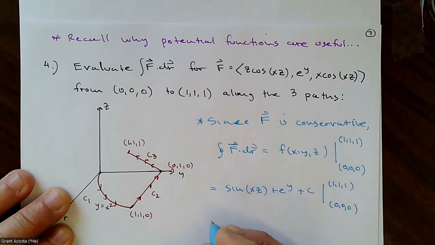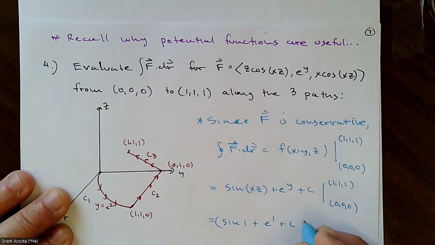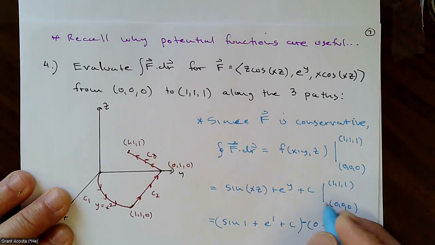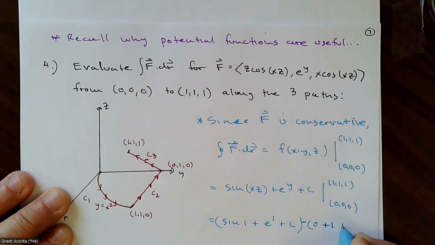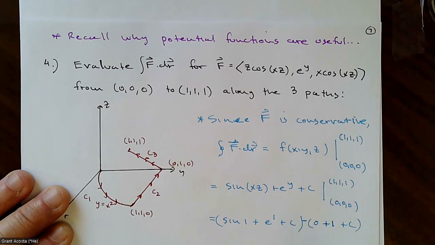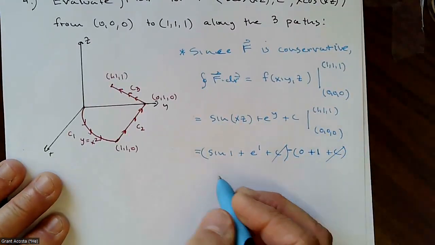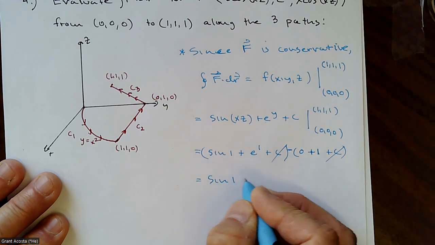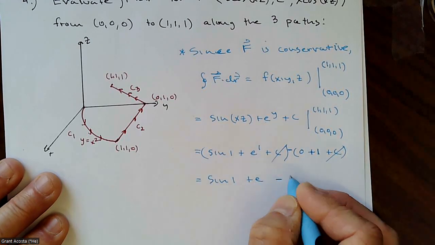If I put in 1 and 1, I'm going to get sine of 1 plus e to the 1, plus some constant c, but then I'm going to get minus sine of 0, which is 0, plus e to the 0, which is 1, plus c. The c's are going to cancel out, so I'm just going to end up with sine of 1 plus e minus 1.